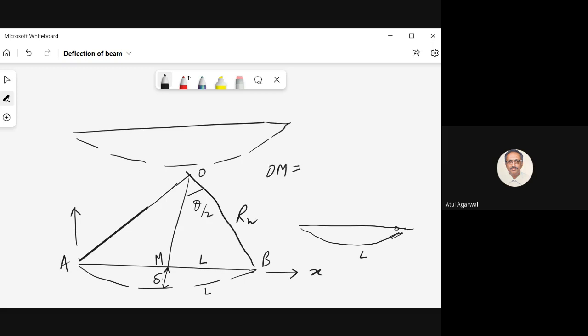OM is, we know R neutral, R neutral into cos theta by 2. Can we say that?